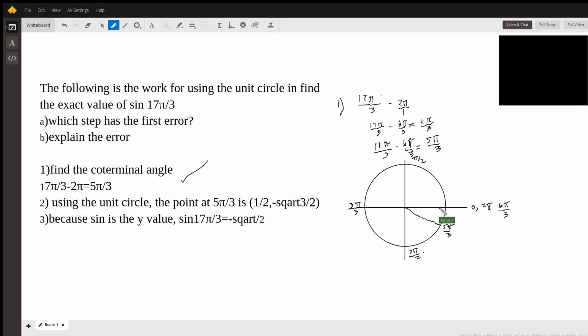Now I'm going to draw a right triangle here. And it's true that the coordinates on the unit circle are 1/2, negative root 3 over 2.